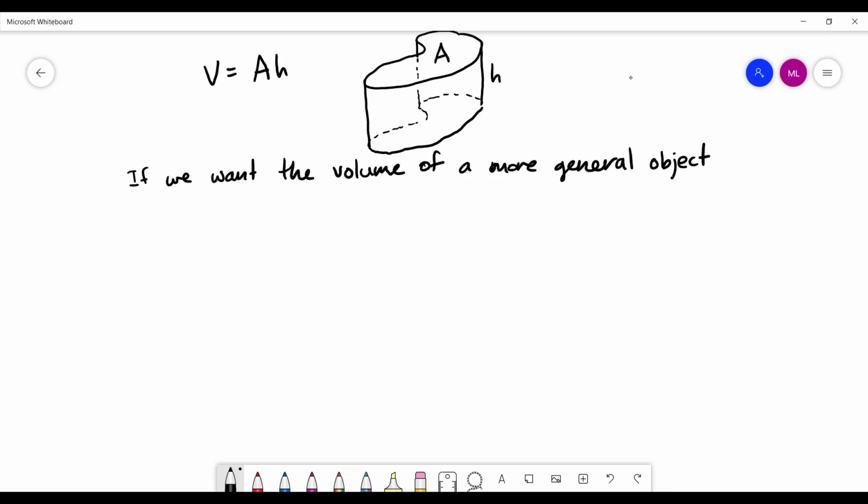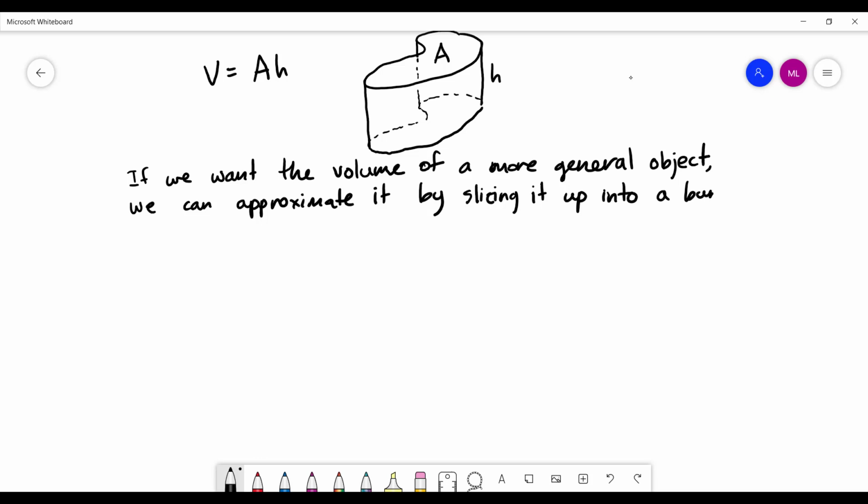So if we want the volume of a more general object, we can approximate it by basically splitting up the object, slicing it up into a bunch of cylinders.